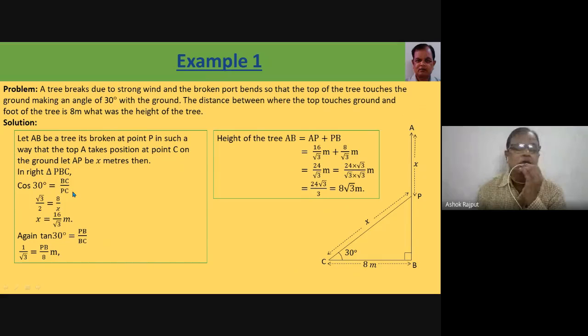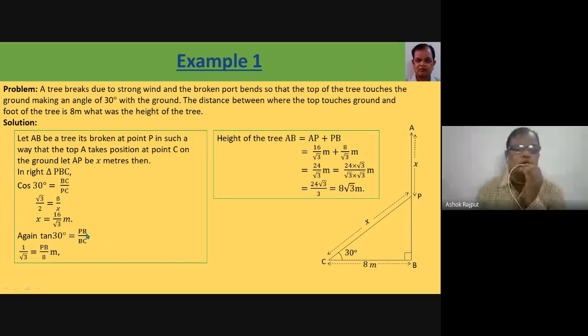BC is base, PC is hypotenuse. Now as we know cos 30 equal to root 3 by 2, if BC is 8 and PC is x, so we can find x by cross product, x equal to 16 by root 3 meters.